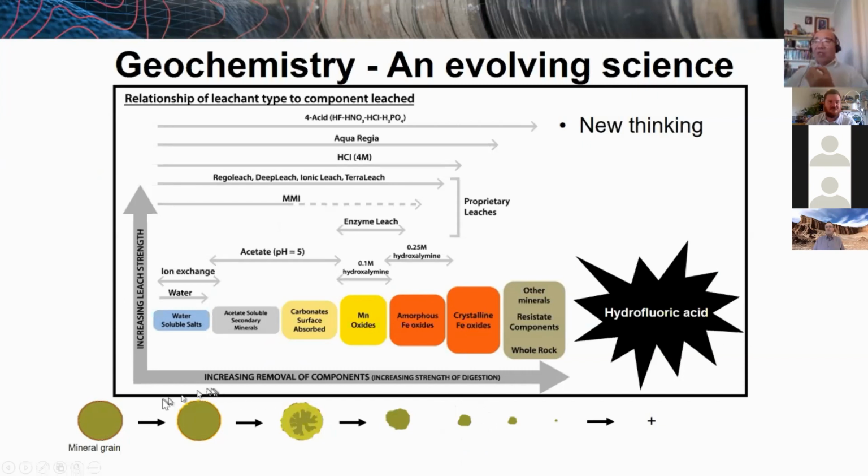What you are interested in is just that little veneer of chemistry on the grain itself. And so it came out with a whole series of partial digestions, from the more aggressive ones that digest more into the grain, to ones that just etch or just displace and exchange cations within the material itself. And so this is where this big shift in exploration geochemistry is.